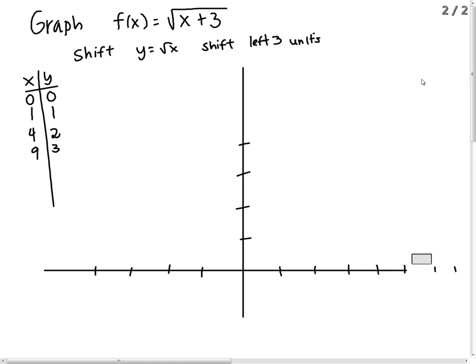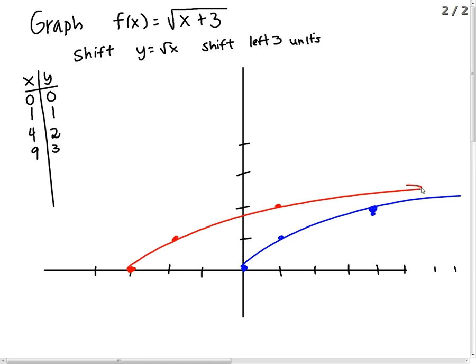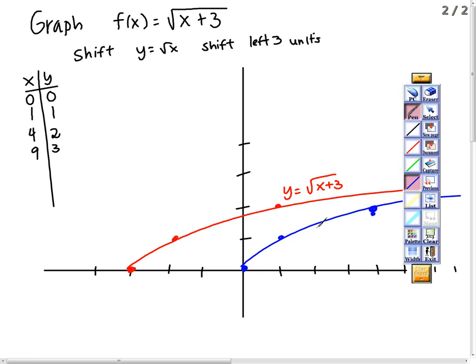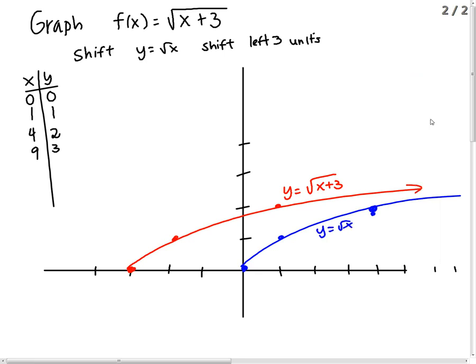So I plot those. 0, 0, 1, 1, 4, 2, 9, 3. It's off my picture, but you get the idea. Then I take every one of these points and I shift it left 3. And this is y equals square root of x plus 3. This guy was y equals root x. That make sense?